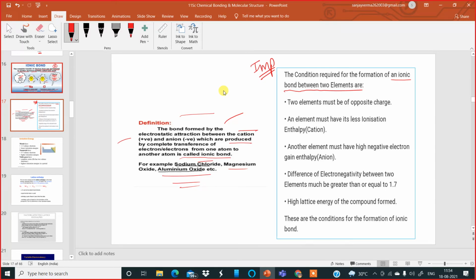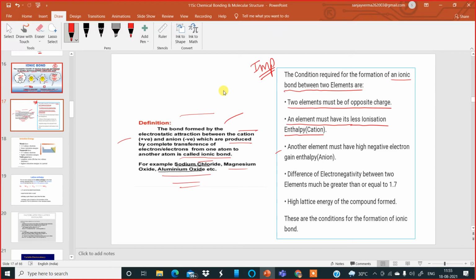The first condition is the two elements must be of opposite charge, meaning one must be a metallic ion, another must be a non-metallic ion. Then an element must have low ionization enthalpy, the cation. That means it should be possible for the metallic atom to easily lose electrons and become a cation.